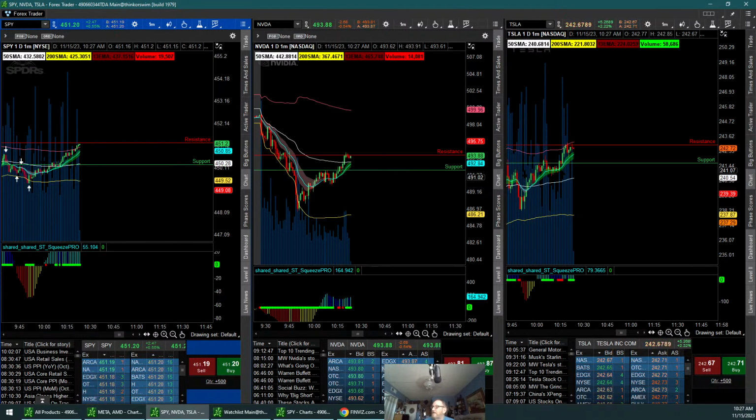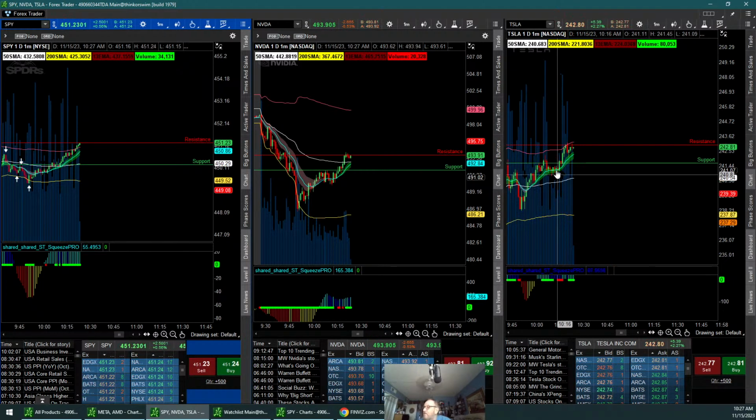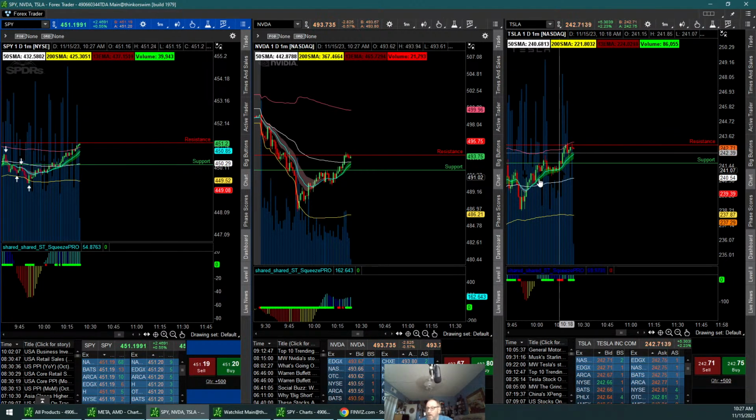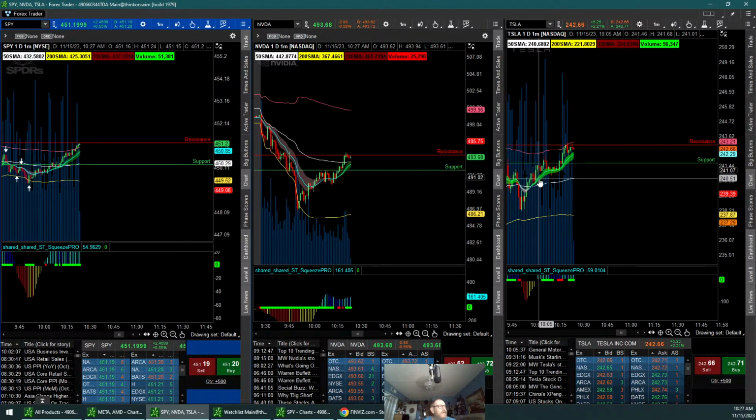Very nice, very nice. We got a long way to go on NVIDIA as far as the upper VWAP plot. And Tesla, boy, can you imagine Tesla, what's Tesla's high for 50? Let's see, I'm going to go into historical data, and that's going to show me the high.